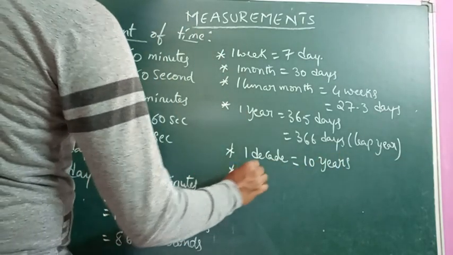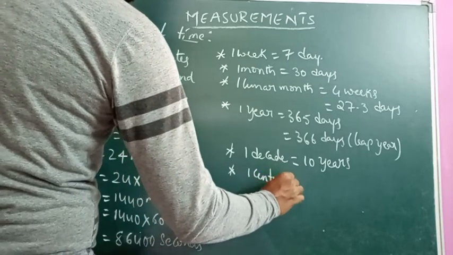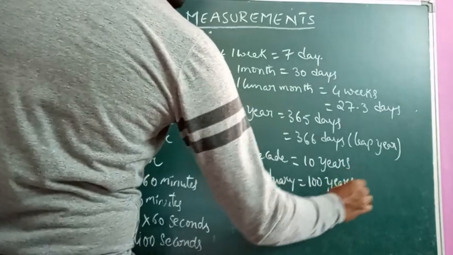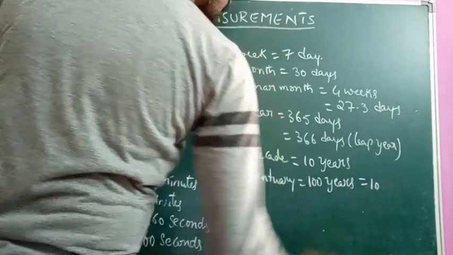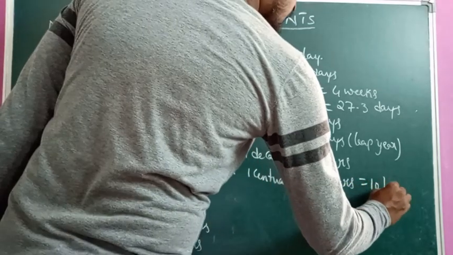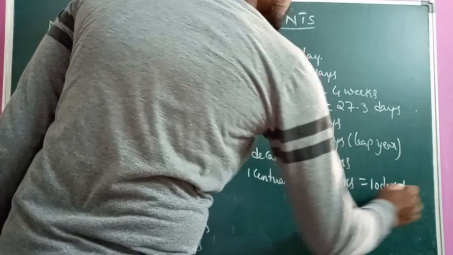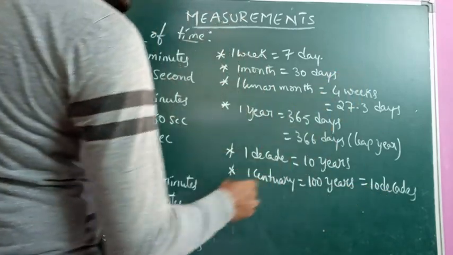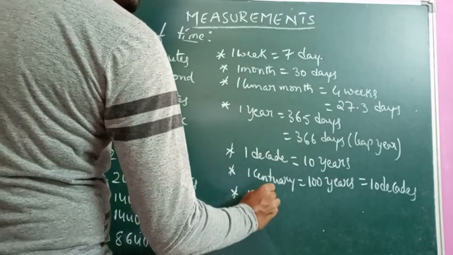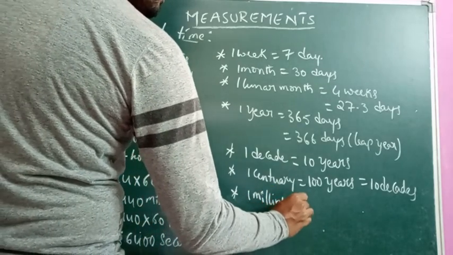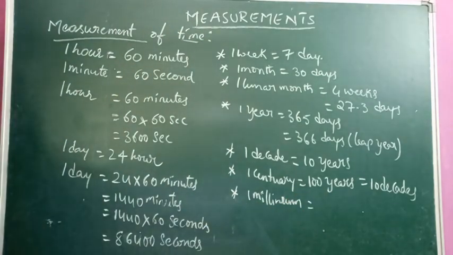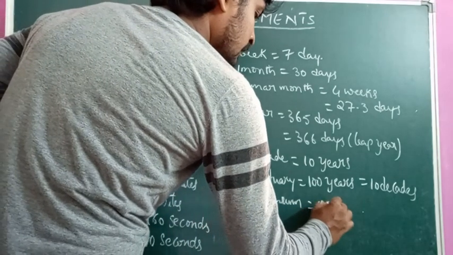Next, 1 century is equal to 100 years, or else 10 decades, because 1 decade is equal to 10 years, so 10 into 10 gives 100 years. Next, 1 millennium is equal to 100 decades. That means 1000 years.